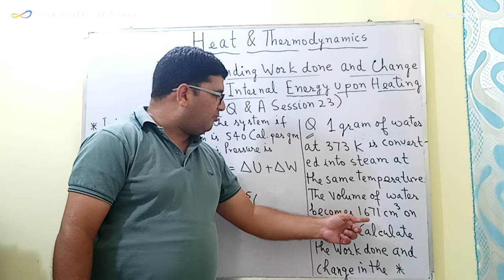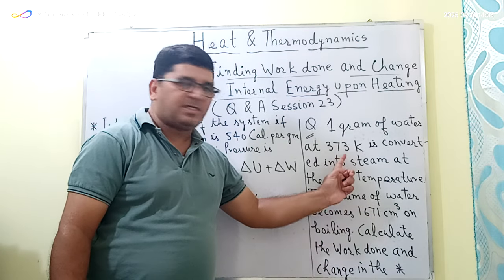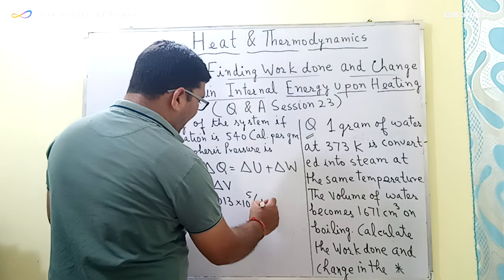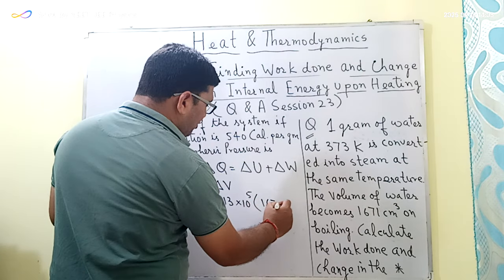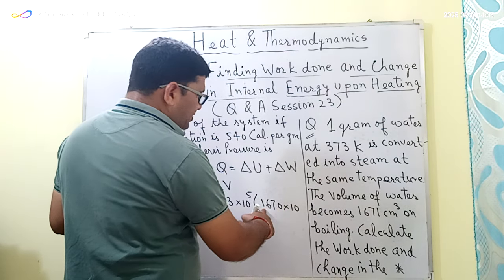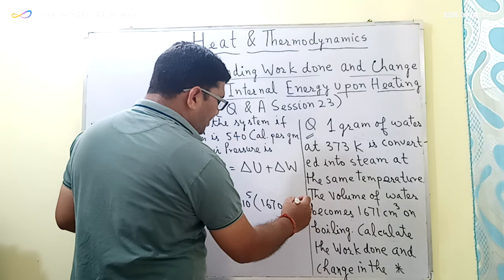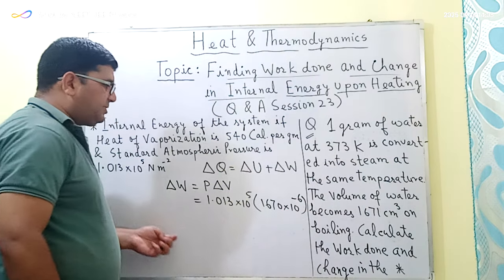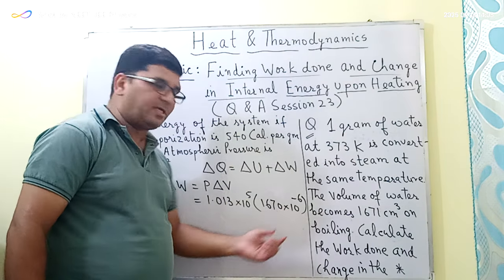So the change in the volume will be equal to 1671 minus 1, which is equal to 1670 cubic centimeter. But we have to convert it into cubic meter. So in cubic meter, this will be equal to 1670 into 10 to the power minus 6. So this is the change in the volume in cubic meter.